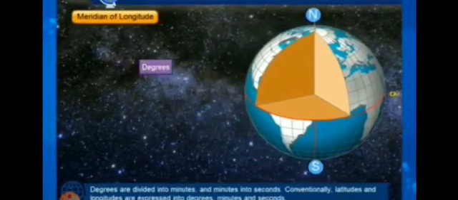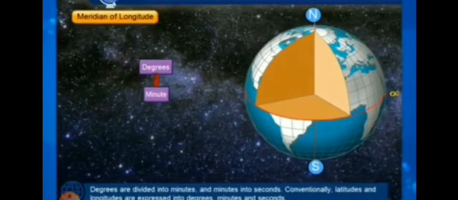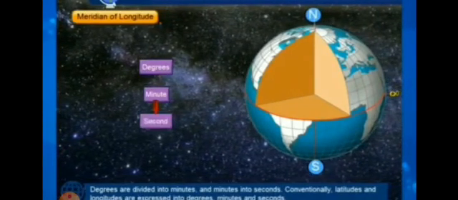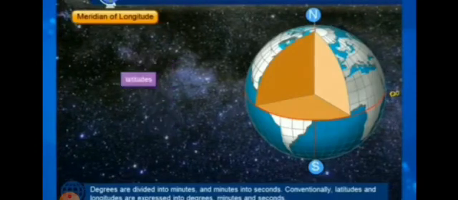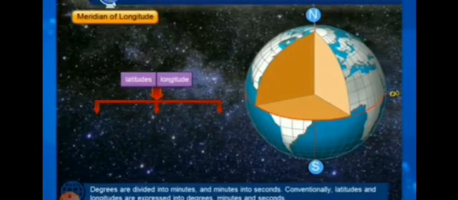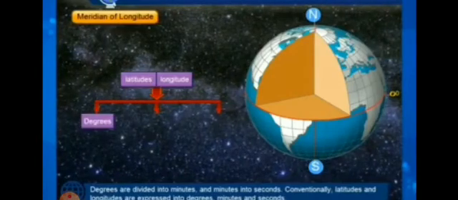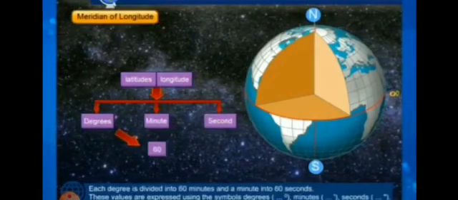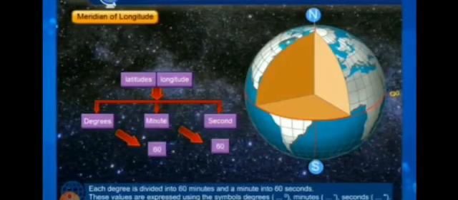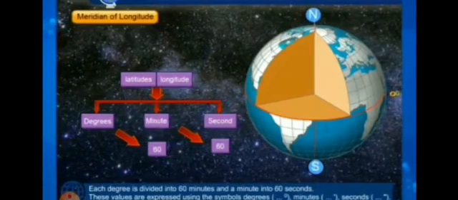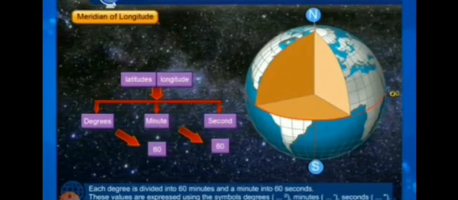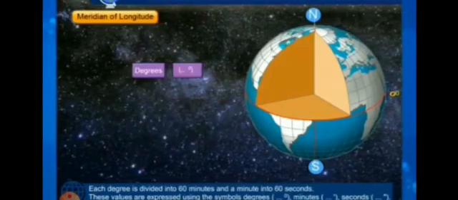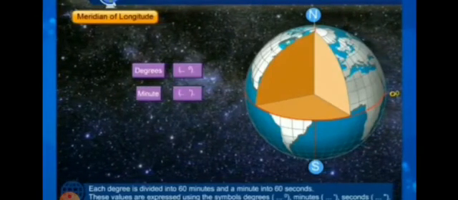Degrees are divided into minutes and minutes into seconds. Conventionally, latitudes and longitudes are expressed in degrees, minutes, and seconds. Each degree is divided into 60 minutes and a minute into 60 seconds. These values are expressed using the symbols for degrees, minutes, seconds.